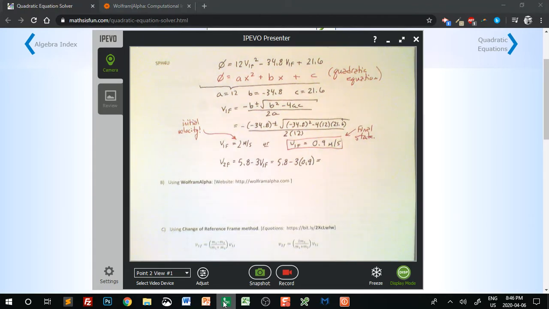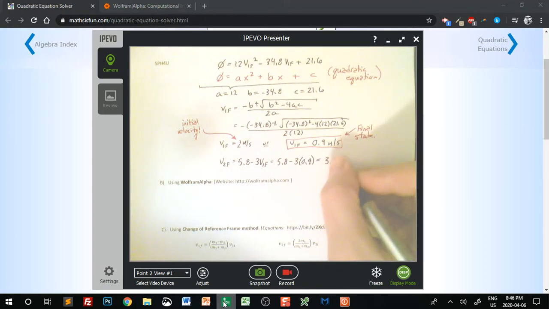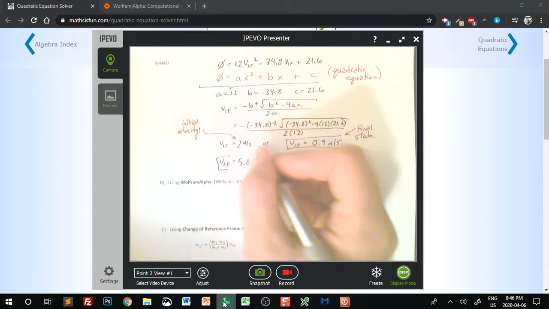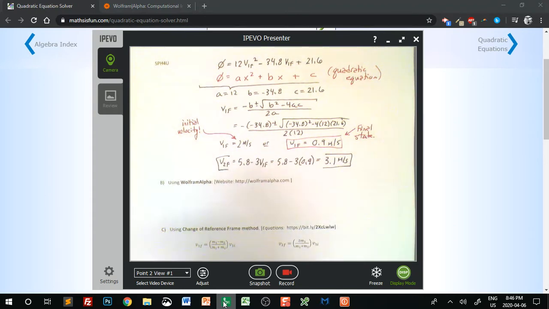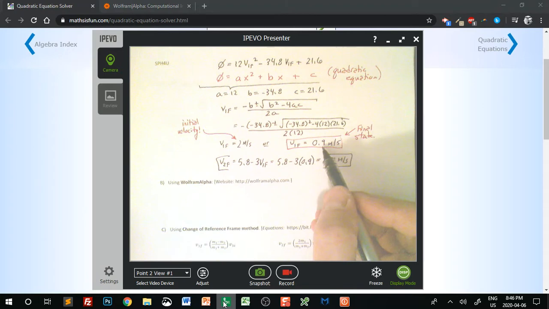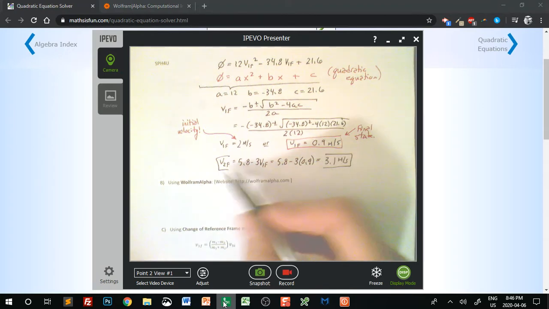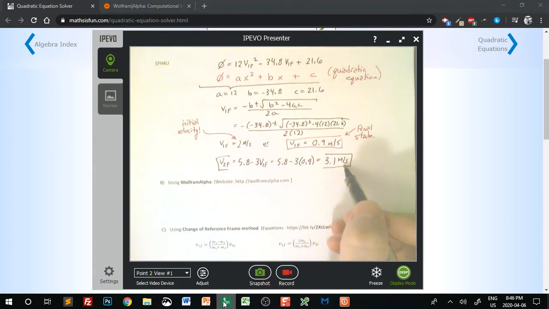And if you put that in your calculator, you go 5.8 minus 3 times 0.9 is 3.1 meters per second. And that's our solution. V1F is 0.9 meters per second, and V2F is 3.1 meters per second.